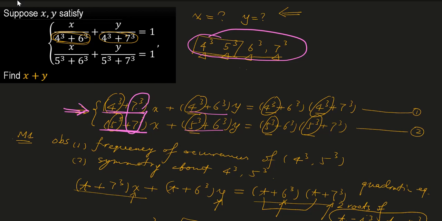And similarly, by the same operation, we can also eliminate this 6 cubed from the coefficients of y. And the remaining coefficients of x and of y will both become 5 cubed minus 4 cubed. And this is exactly what we want. So let's put it down.